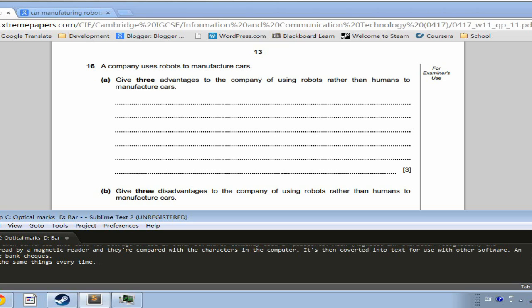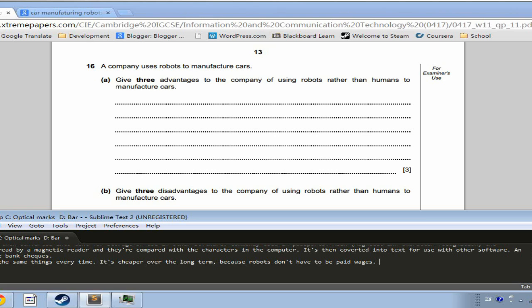The other one that people often put down first is going to be it's cheaper. This is not going to get you the points. So you have to be specific in your answer. So it's cheaper over the long term because robots don't have to be paid wages.